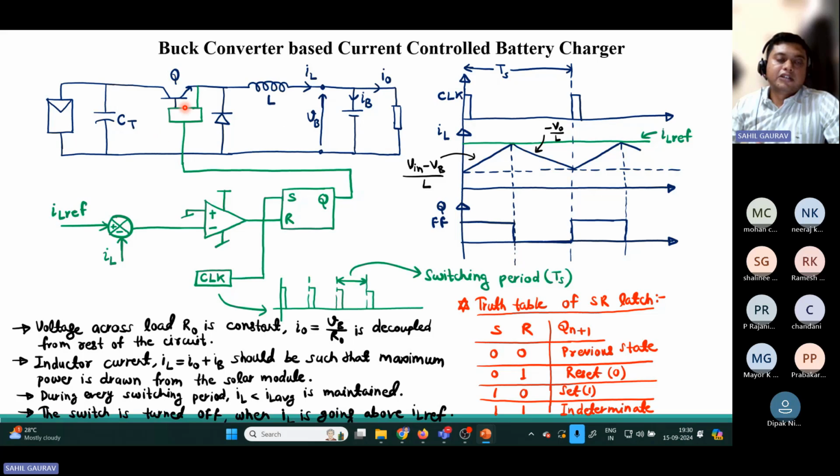How will you control this converter such that our battery gets charged? So what is the logic? This one is the logic.